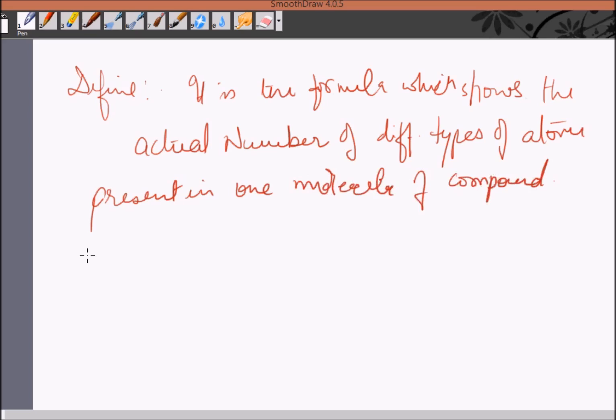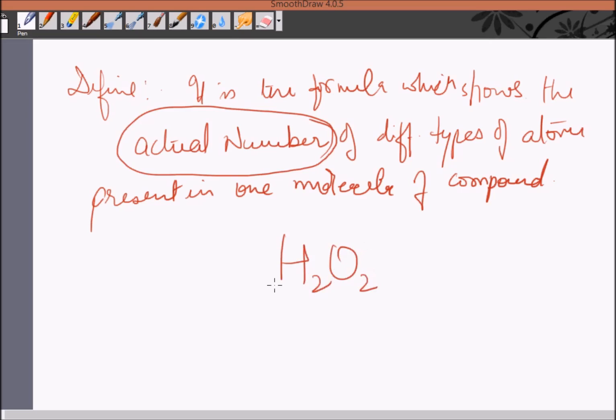I hope you are following the concept. This is the basic difference. It is the actual number. So if I take the example of hydrogen peroxide, this is the actual number, where there are two hydrogen and two oxygen combining to form hydrogen peroxide.